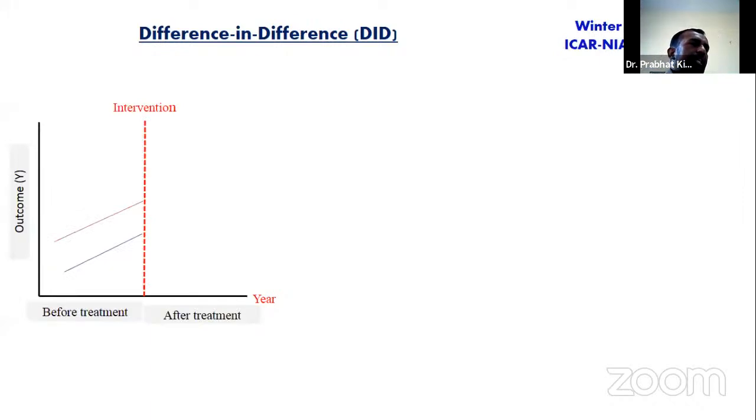Suppose some intervention has taken place, and we consider one group as a control and one group as a treatment, and then we assume that they follow the parallel trend. Parallel trend means that if the intervention were not there, they would move on a similar path. The outcome of that variable would move on a similar path.